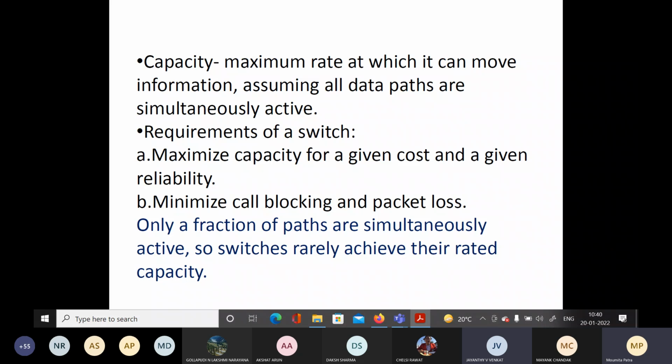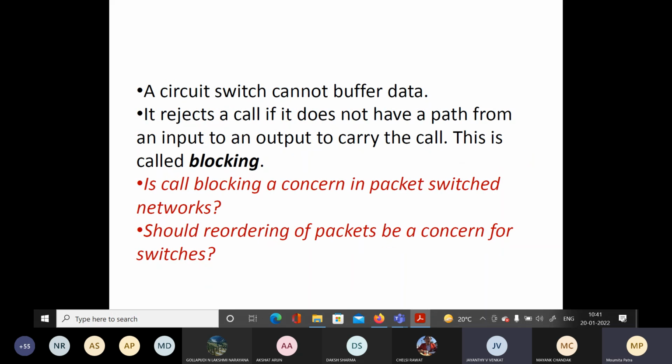Because of all of these situations that can occur, no matter how great you make your switch, there will be scenarios where all the paths will not be used fully. That is why switches rarely achieve their rated capacity. Hope this part was clear.